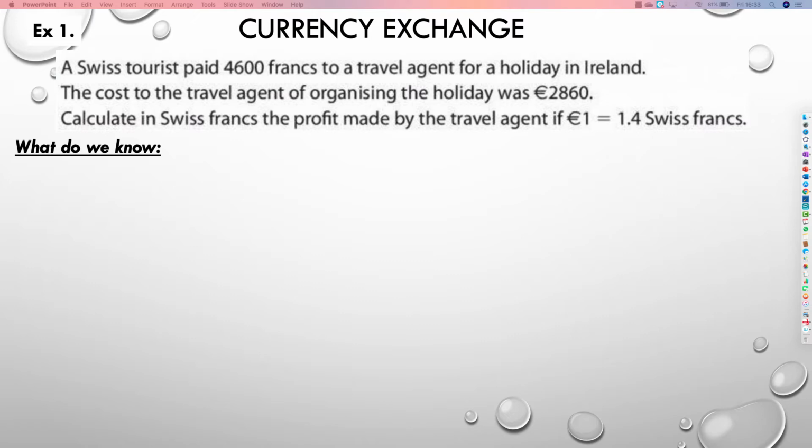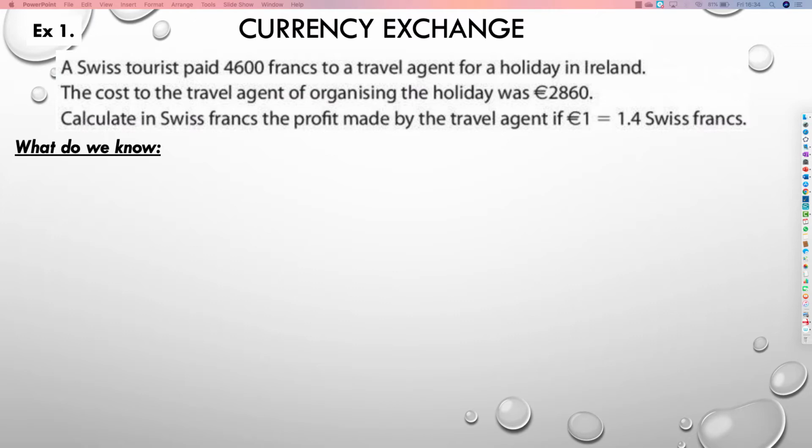We're not going to divide €1 by 1.4. So, what do they want us to do? Find the profit made by the travel agent.